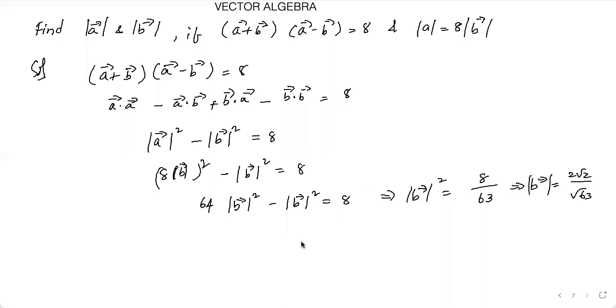So we got what is mod B. So mod A will be 8 multiplied into 2 root 2 by root 63, or this will be 16 root 2 by 63, and 63 again we can write as 3 root 7.